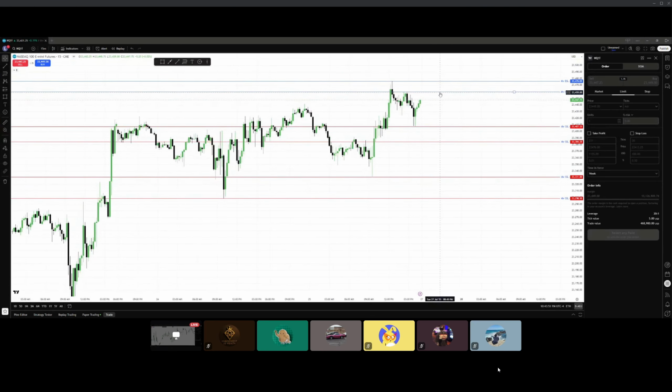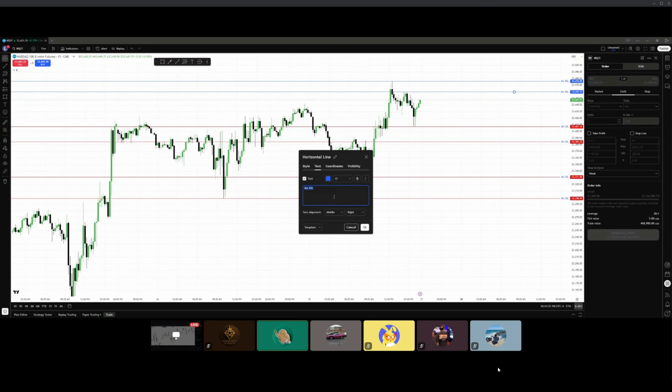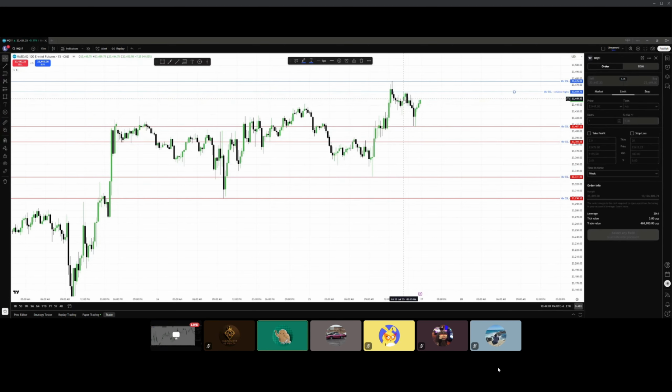Like right here, not only is it 4-hour buy side liquidity, but it's also relative highs. Why? Well, between this 45-minute marker right here, you had this high here and this high here. Not only that, you have this high that's right here, that's $4 away. You have this high that's right here, that's $9 away. So you got relative highs right here.